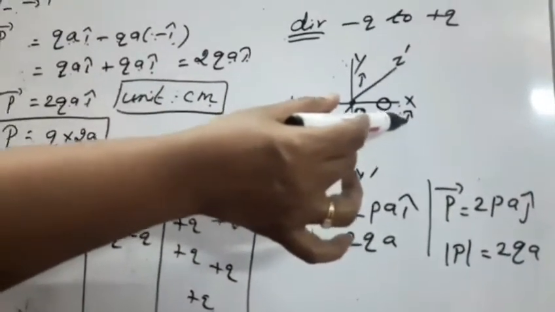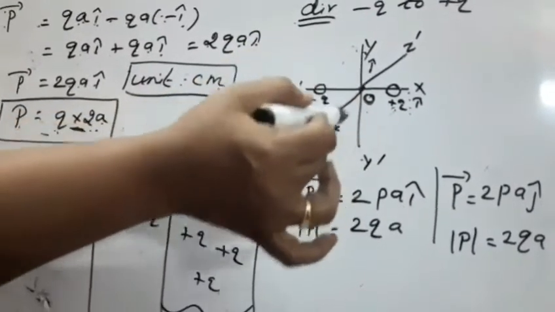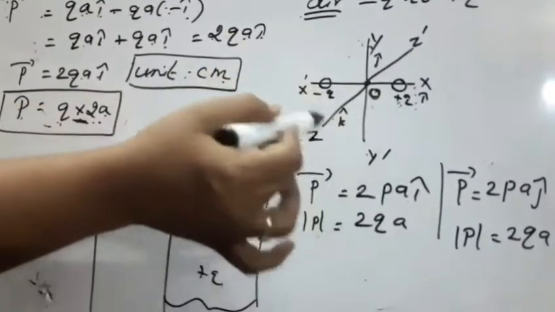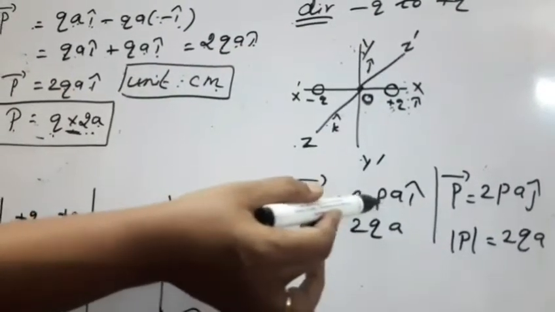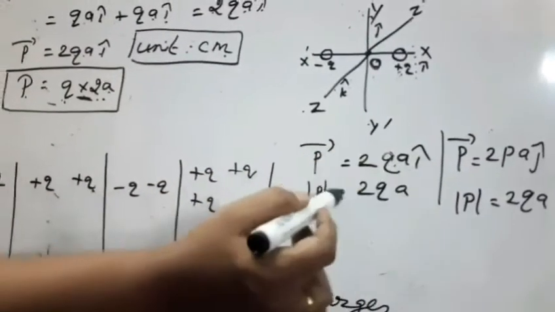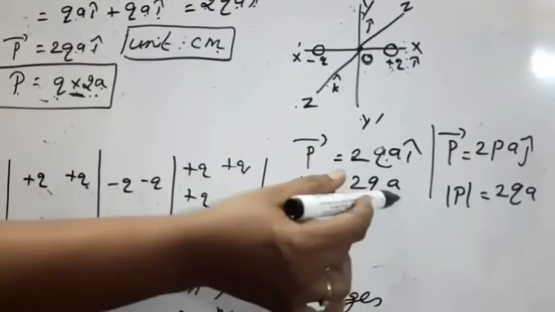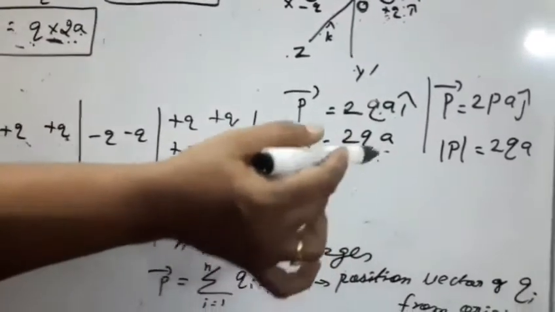Then the unit vectors are i cap for x, j cap for y and k cap for z. Now for the x-axis we write P vector equals 2qa i cap, and modulus of P equals 2qa. Modulus means the magnitude of the dipole moment, 2qa.